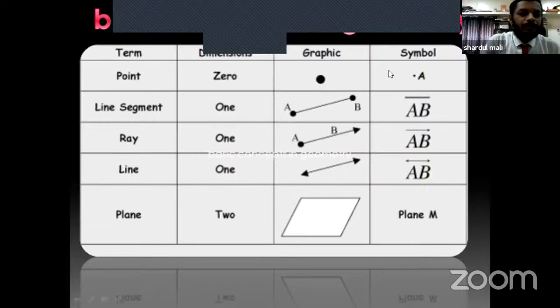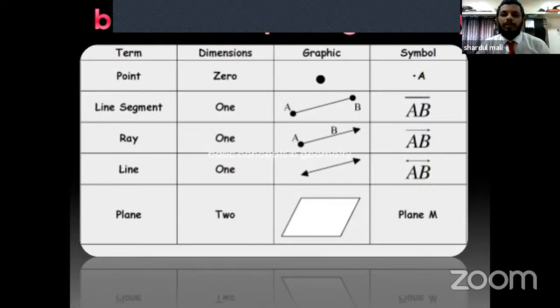Second concept, line segment. A line segment is a single dimensional concept. The diagram of the line segment is present in the third column, second row.